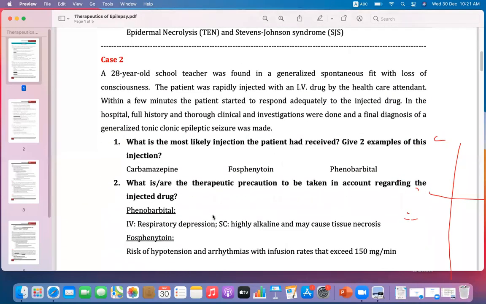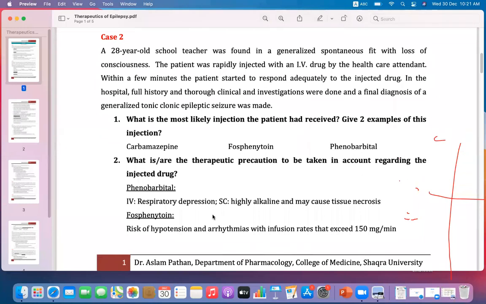Let us see case 2. A 20-year-old school teacher was found in generalized spontaneous fit with loss of consciousness, and generalized epilepsy.